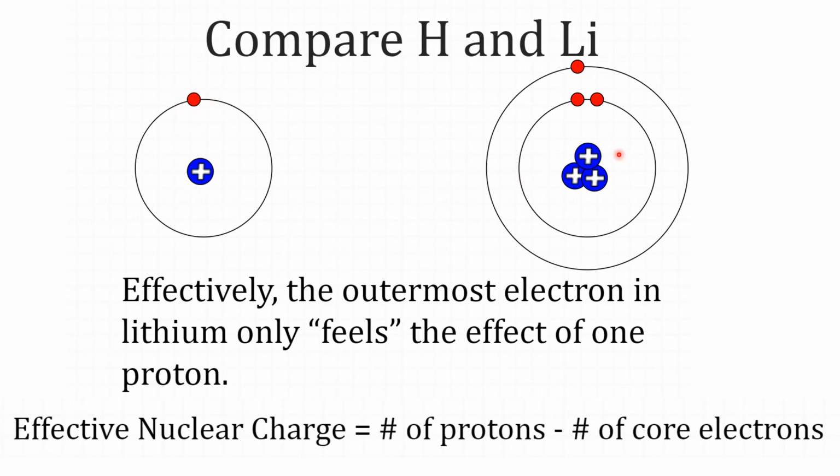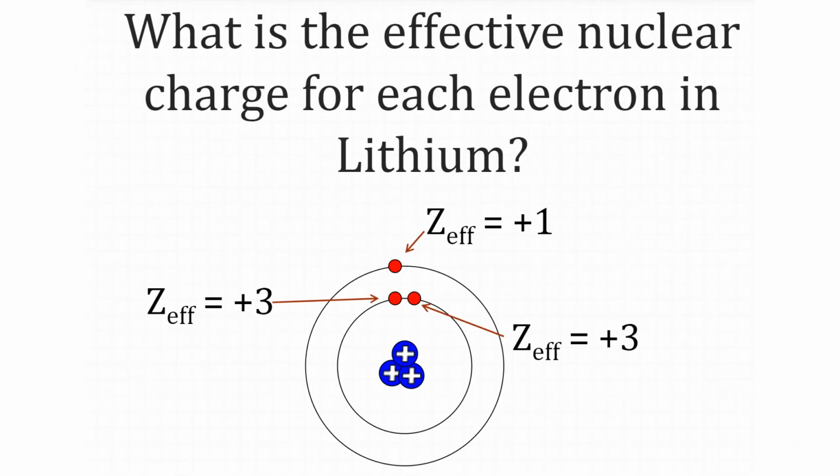For lithium, for the two inner electrons, it would be 3 minus 0, so 3. But for the outer electron, it would be 3 minus 2, so 1. So for the two inner electrons the effective nuclear charge is +3, and for the outer electron it is +1.